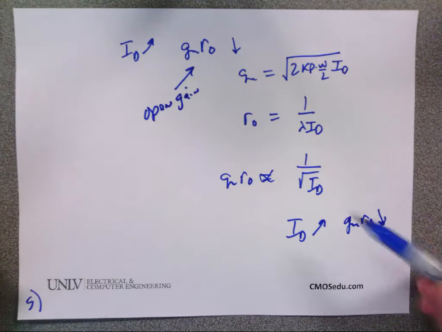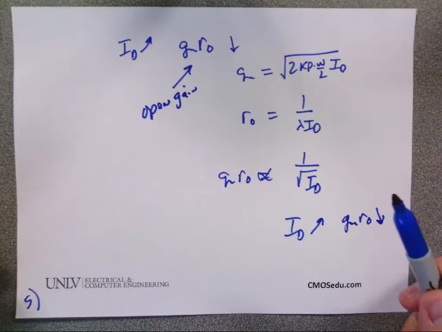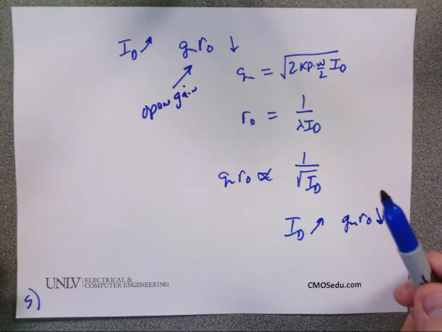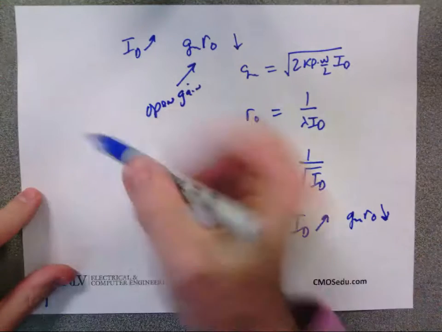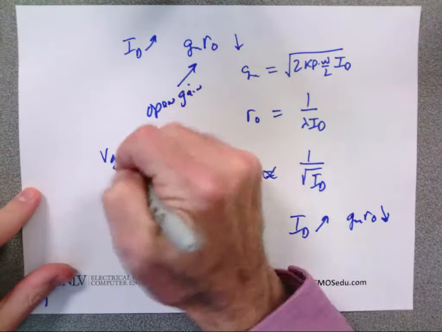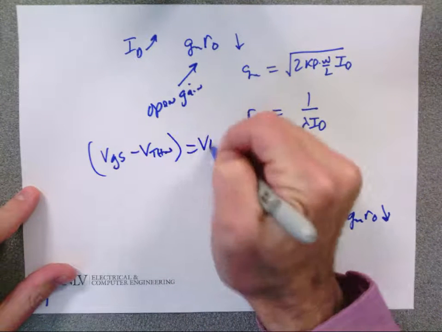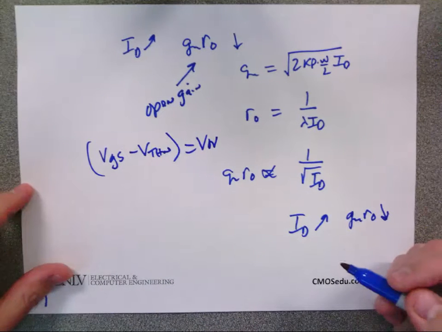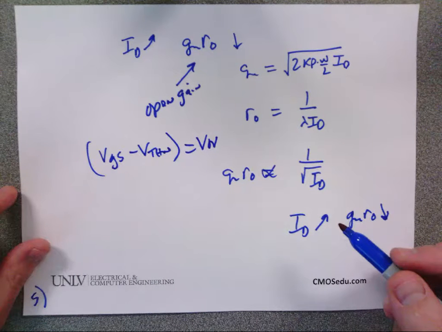How does W influence the open circuit gain? It doesn't. Yay, you watched the video. How does the overdrive, VGS minus V threshold N, influence the open circuit gain and why? Let me ask this.